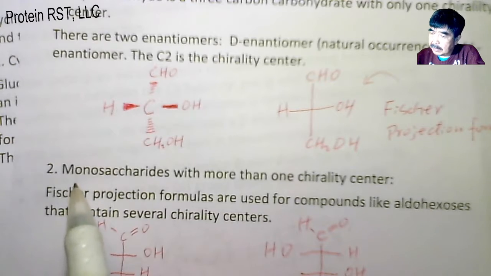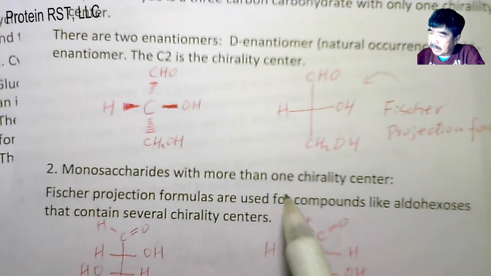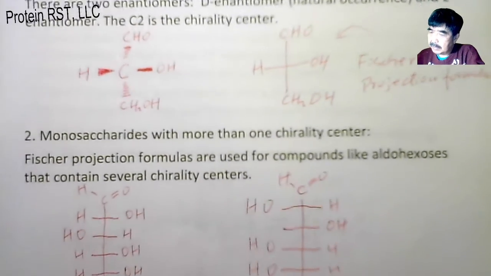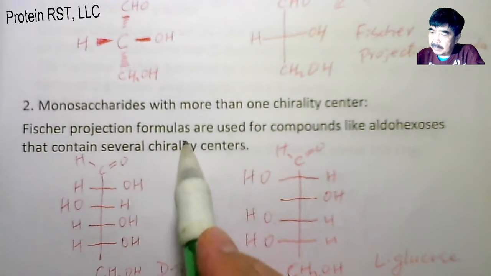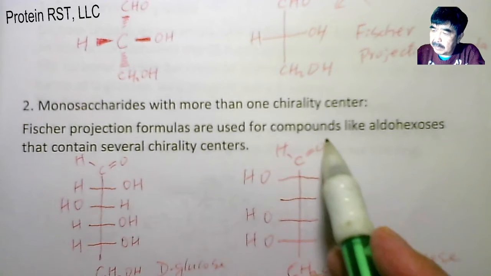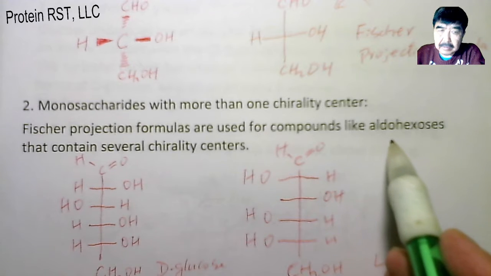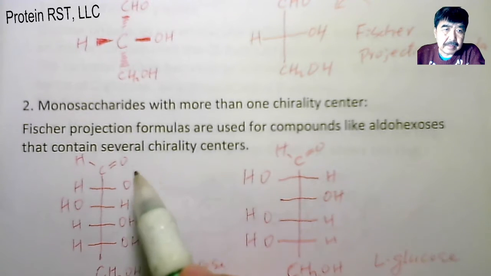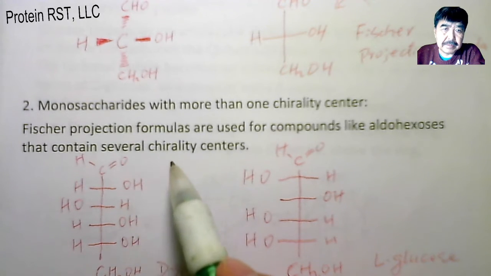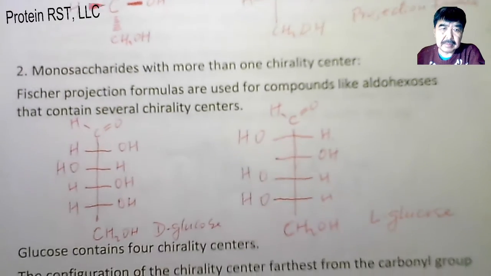Second, let's take a look at the monosaccharides with more than one chirality center. The Fischer projection formulas are used for compounds like aldoses that contain several chirality centers. This is glucose.